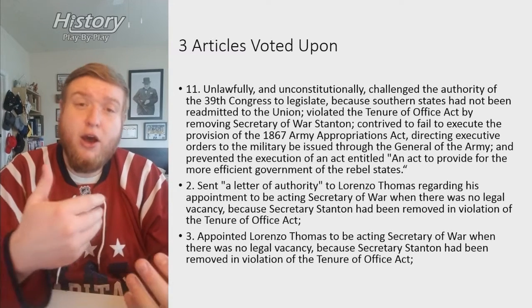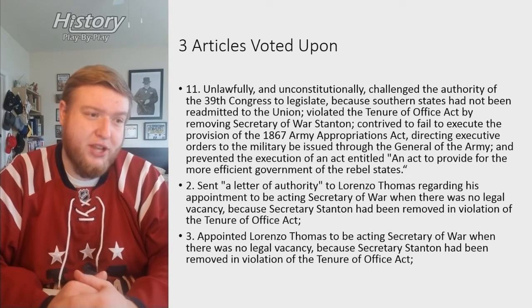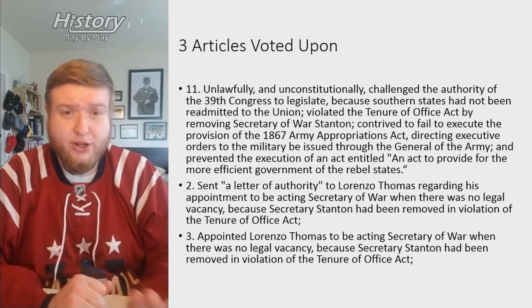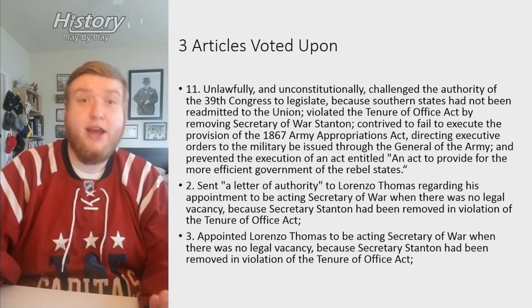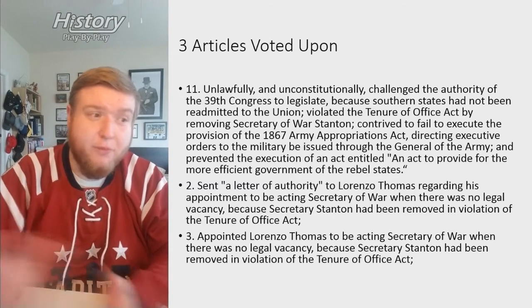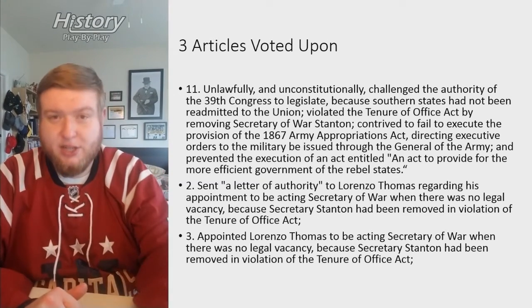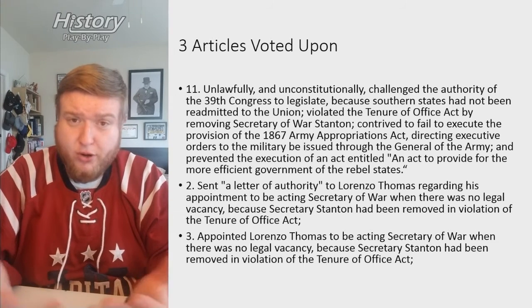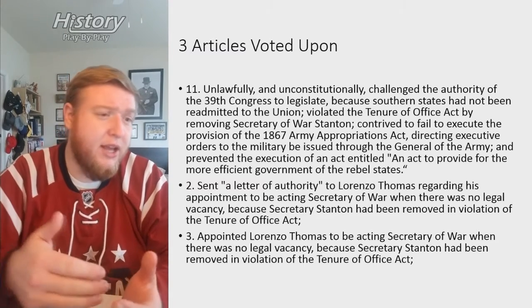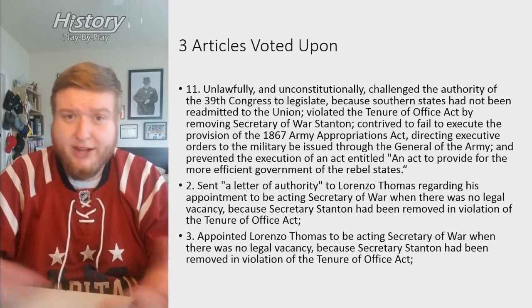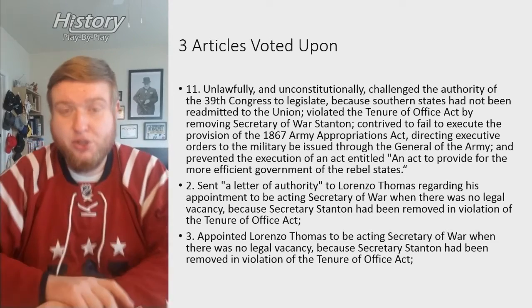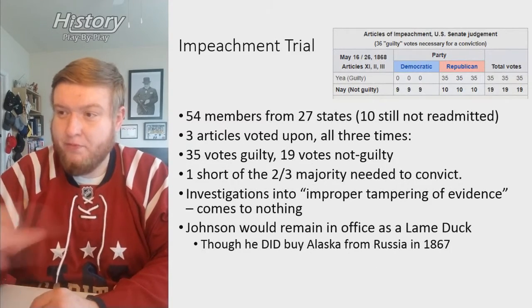He then appointed a new Secretary of War when the last Secretary of War was not gone, and Congress is basically saying, you can't have 2, that's also illegal. And so by appointing someone else in that place as acting Secretary of War, one would assume until Grant steps in, is also illegal. Again, you can't have 2. Why they didn't vote on all 11? I don't know. But essentially they grouped them and went with that.